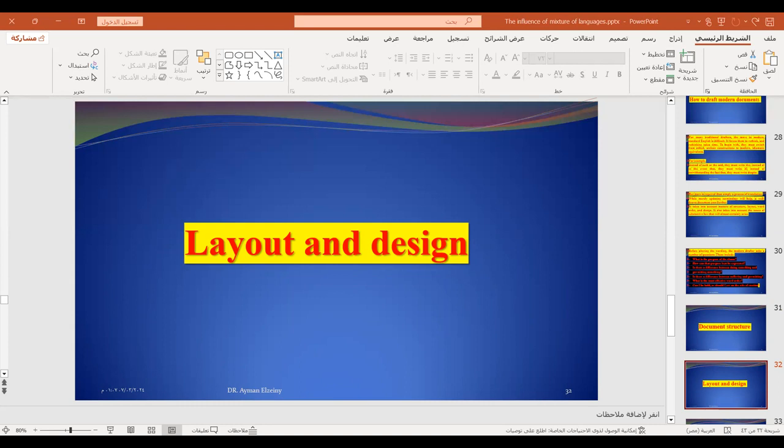The use of modern and standard English and logical structure are complemented by user-friendly layout and design. Again, the usage of modern and standard English and logical structure are complemented by user-friendly layout and design.